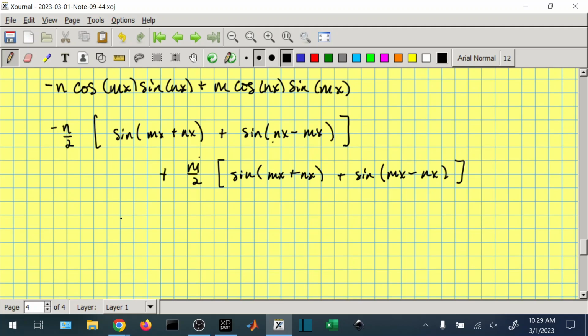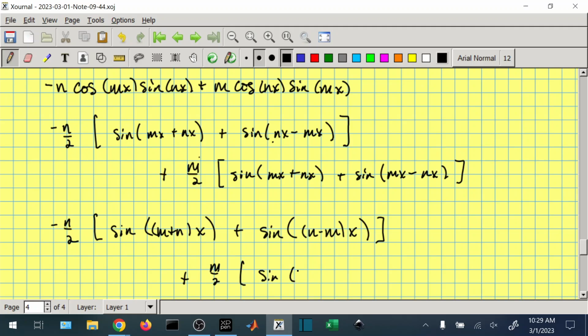That looks more complicated, but it's not. Minus n over 2 sine (m plus n)x plus sine (n minus m)x, plus m over 2 sine (m plus n)x plus, now, minus sine, because I'm switching the m's and n's, (m minus n)x.